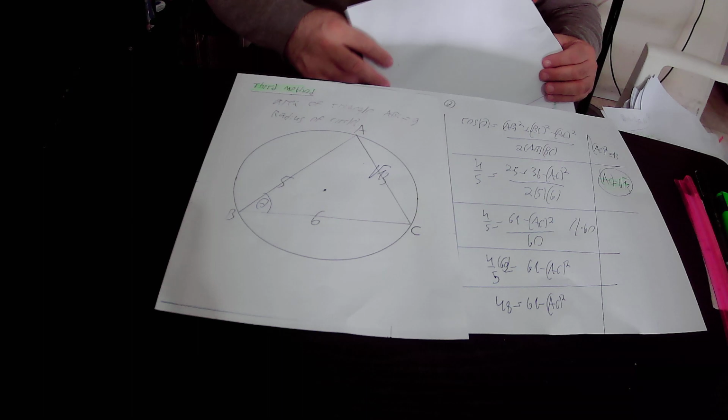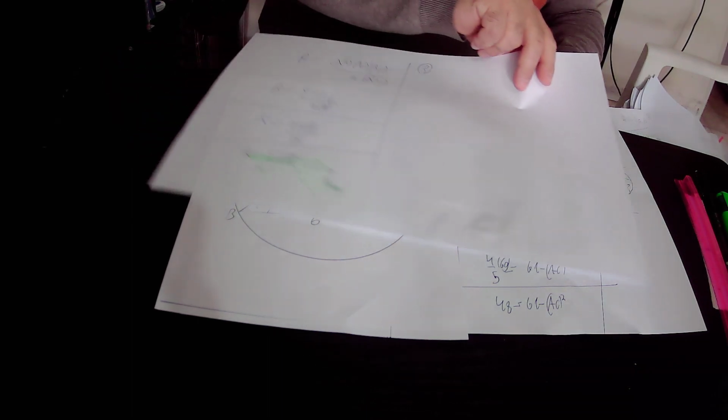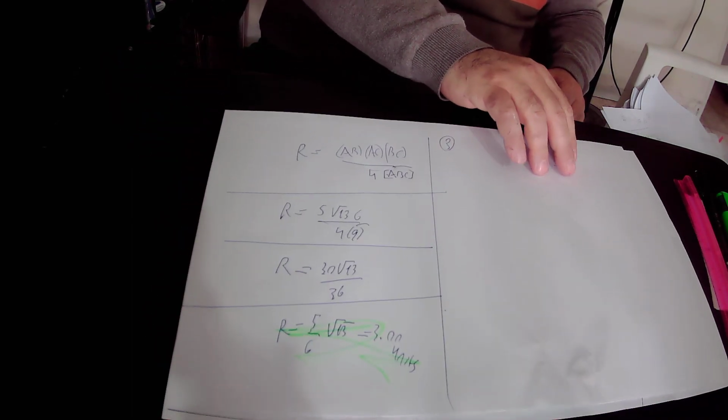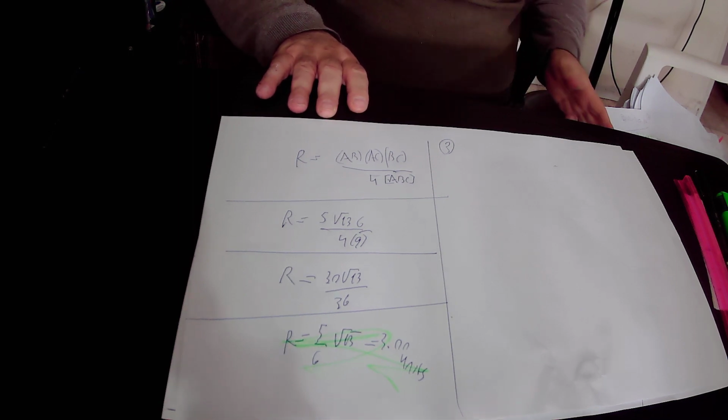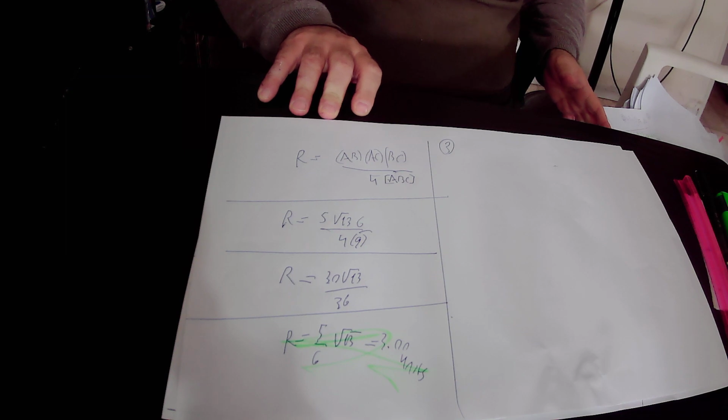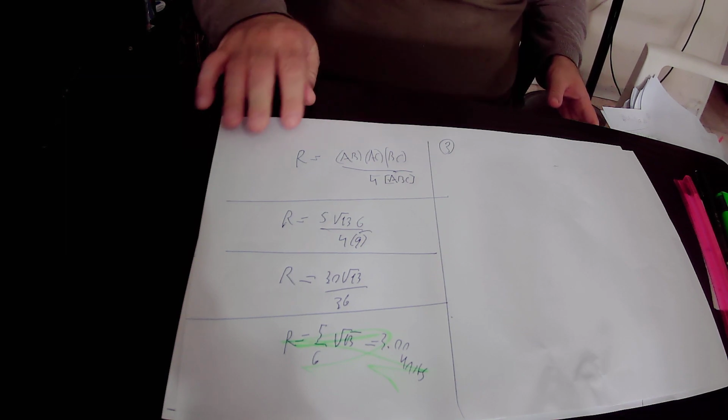And then I presented to you a new formula. By this formula we can find the radius of any circle that circumscribes a triangle.